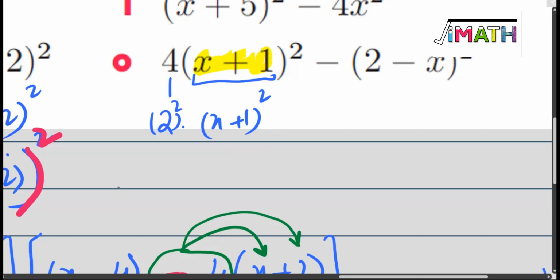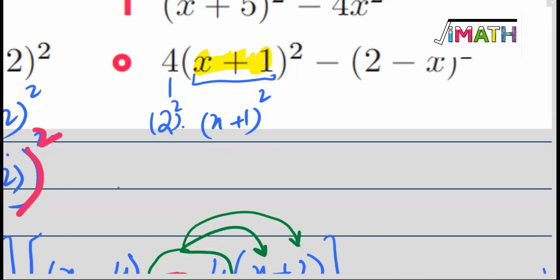Yeah. So you first need to write the whole term, that's A, as a whole square. So I'm gonna write 2 times x plus 1 whole square. That makes sense. Yep. So instead of writing 2 individual squares, I need to write it as a total square.